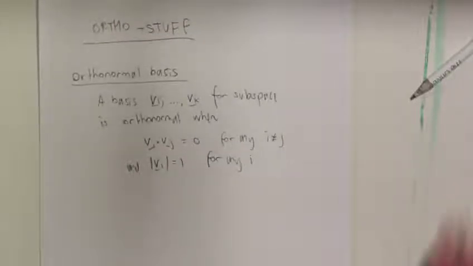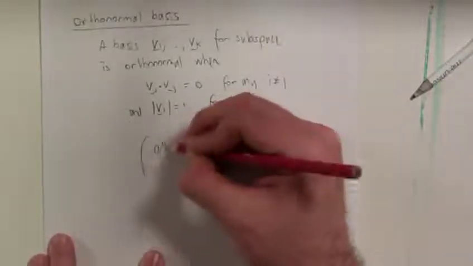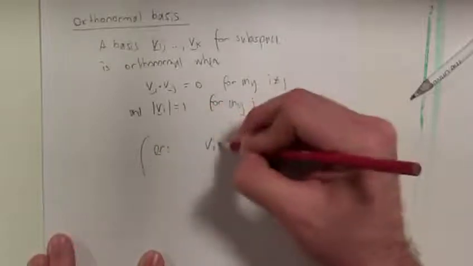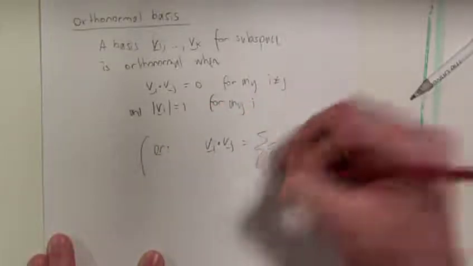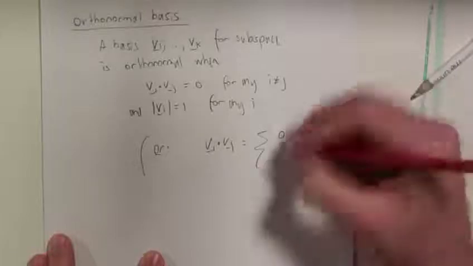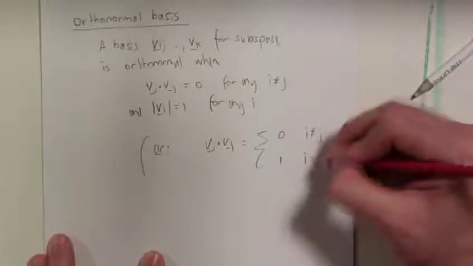You may also see it as Vi dot Vj is equal to 0 if i is not equal to j, and equal to 1 if i is equal to j. It's the same thing. Because, of course, the dot product of something with itself is the square of its length. So you may see it like this, or Vi dot Vj equals 0 for i not equal to j, and 1 for i equal to j.